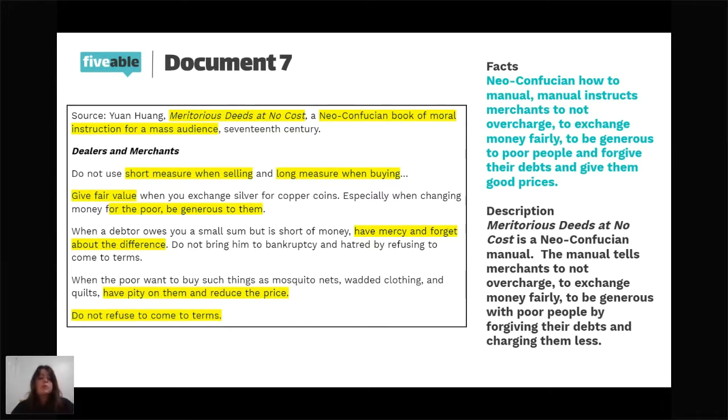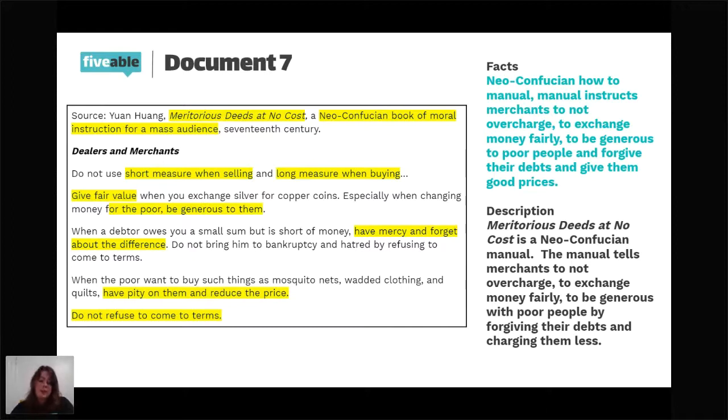It says, do not use short measure when selling and long measure when buying. So I think you want to sell for a high price and buy for a low price. It seems like they did it backwards, but I think that's what they're trying to say. Give fair value when you exchange silver for copper coins, especially when changing money for the poor.